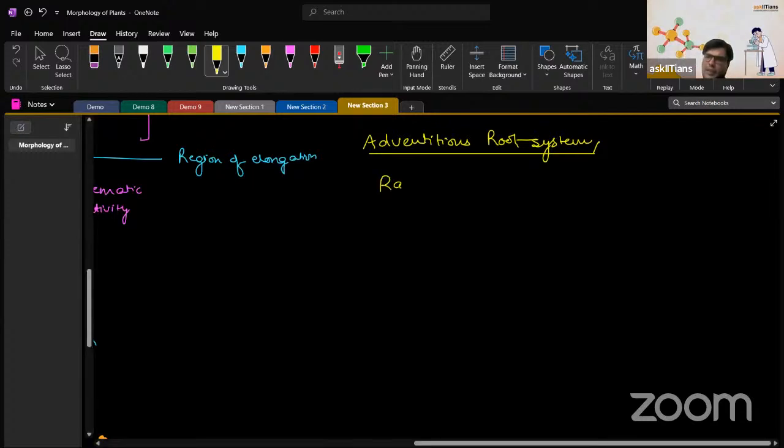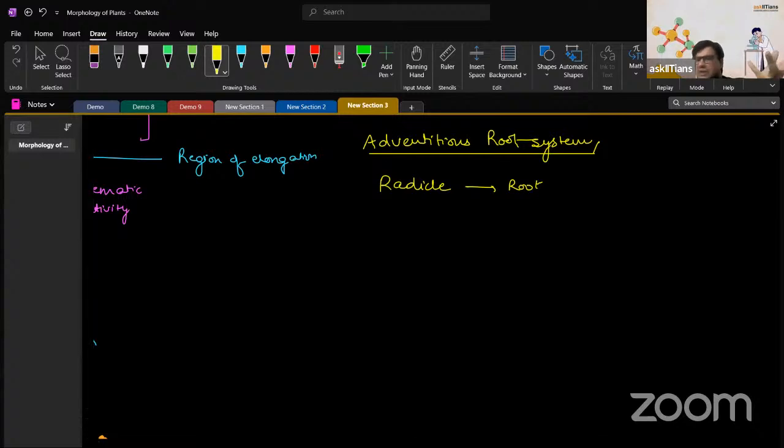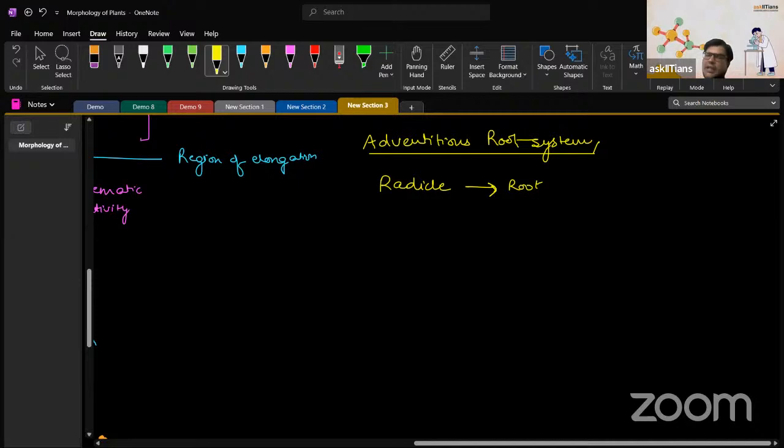The radicle develops into the primary root, right? But if the root originates from some other part other than the radicle, we call it an adventitious root. So basically, something pretending to be a root but not technically a root, because the root is the part which develops from the radicle. The adventitious roots don't develop from the radicle.